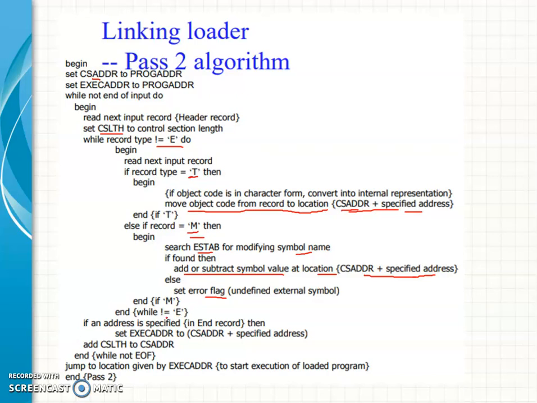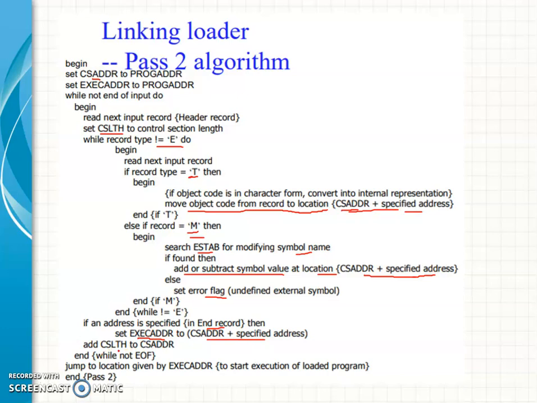This continues until it reaches the end record, and once the end record is reached, you need to set the EXECADDR to CSADDR plus the specified address. This is done because it needs to start its execution at the said address. So for that purpose, this EXECADDR is being used.